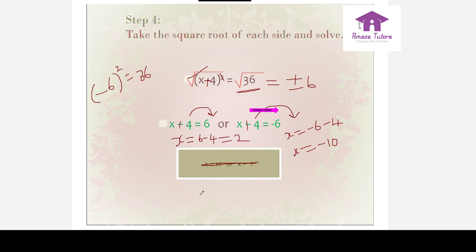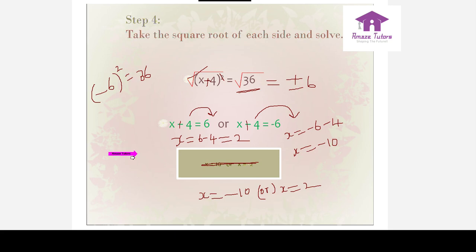So these are the two answers, x equal to negative 10 or x equal to positive 2. Because we took positive 4 to the other side, minus 4. 6 minus 4 is 2. And here plus 4, when you take it to the other side, minus 4. Minus 6 already there. Minus 6 minus 4 is minus 10, or negative 10. So these are the two solutions.